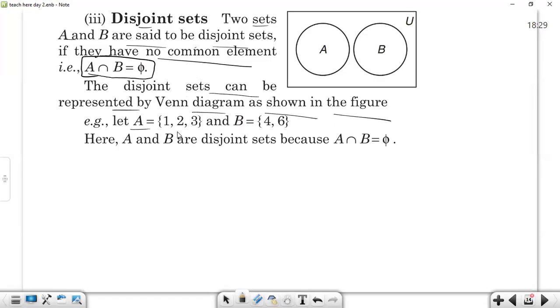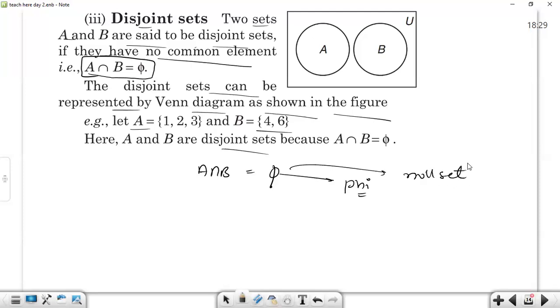Here A is 1, 2, 3 and B is 4, 6. So there are no elements in A intersection B. That's why it is written like this, known as phi, which represents a null set. Clear? Yes, sir.